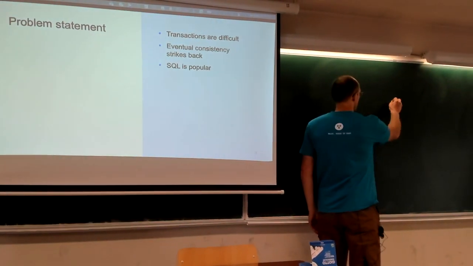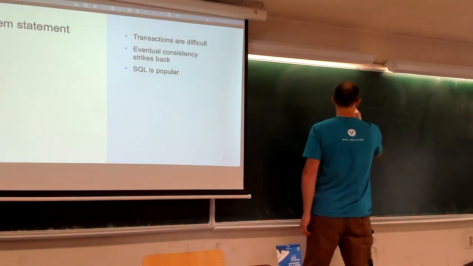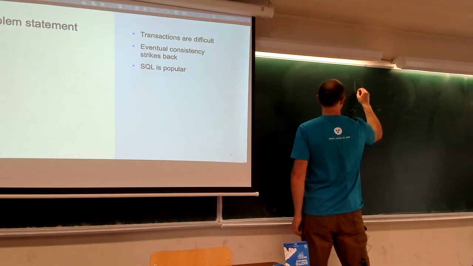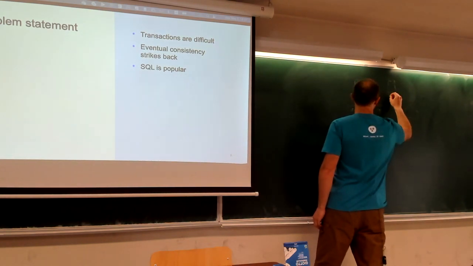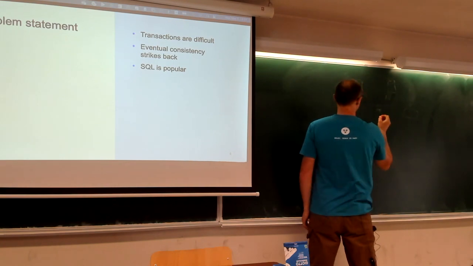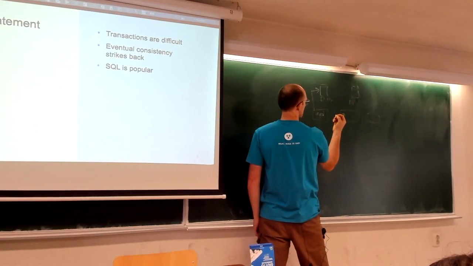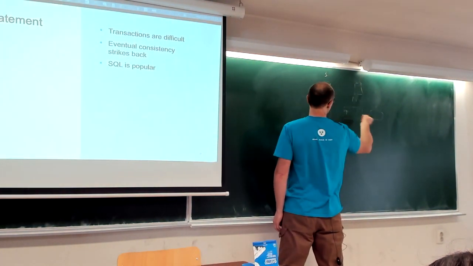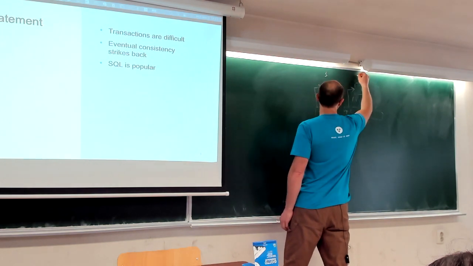Let's imagine a small setup of application instances that access database instances. Let there be 2 database instances. And application 1 makes a write to this database instance with the key 1, and application 2 reads from this database instance the key 2.